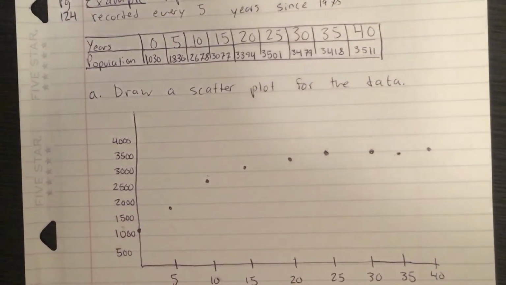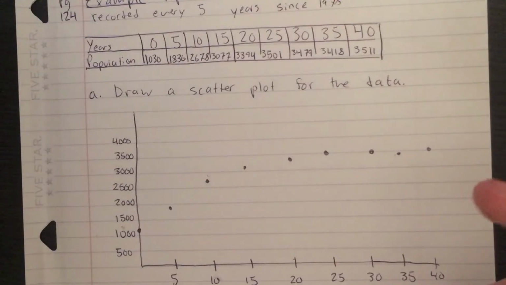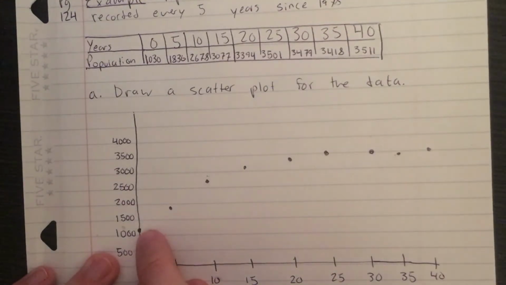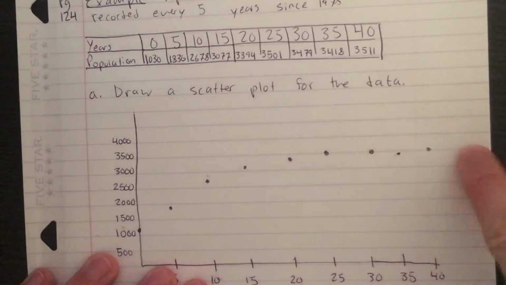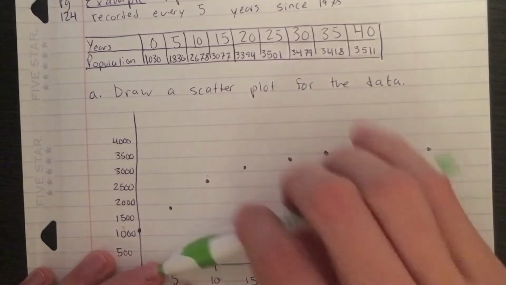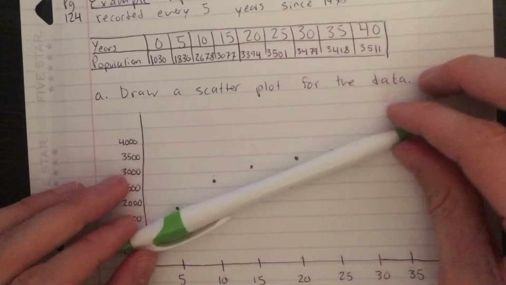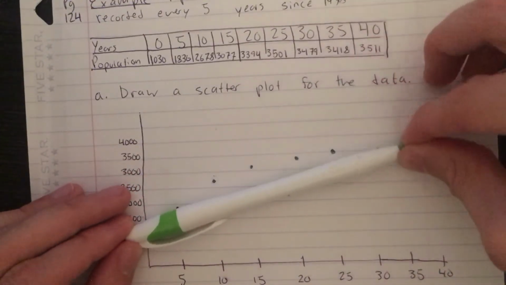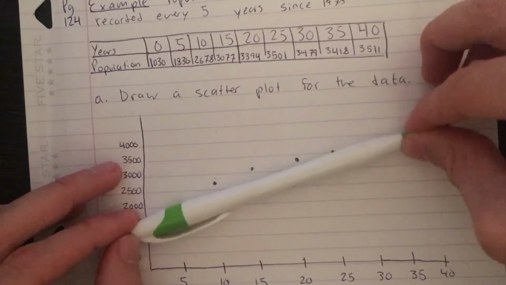I've gone ahead and plotted this data in advance because you all don't need to see me plotting points on a scatter plot. But I do want you to notice the trend of this data right here. If you tried to draw a curve through that, or just a straight line through this, there isn't really a great spot for me to go through all the points.